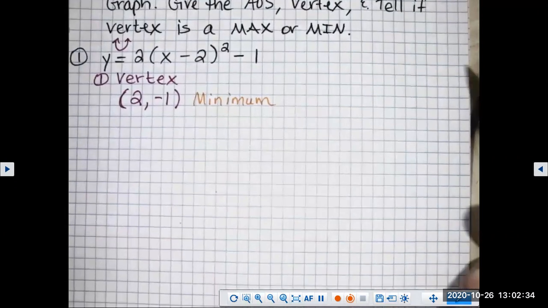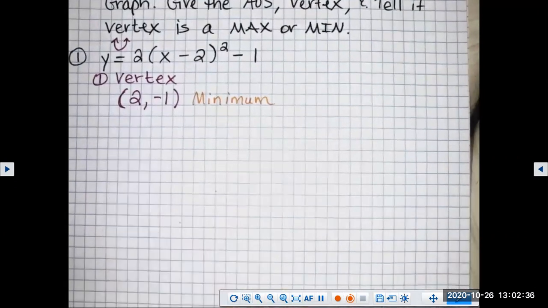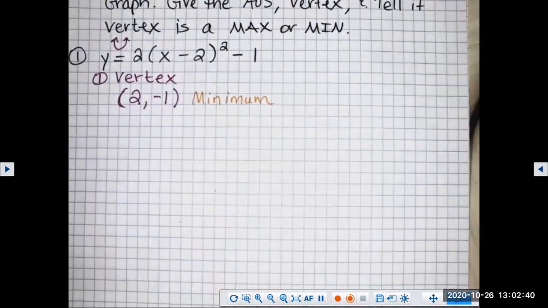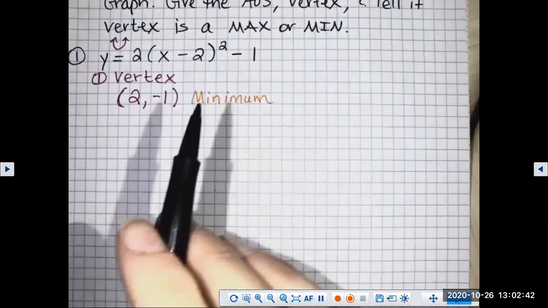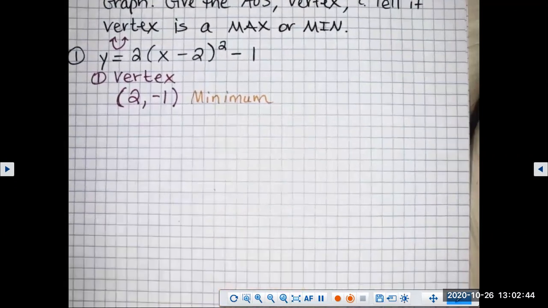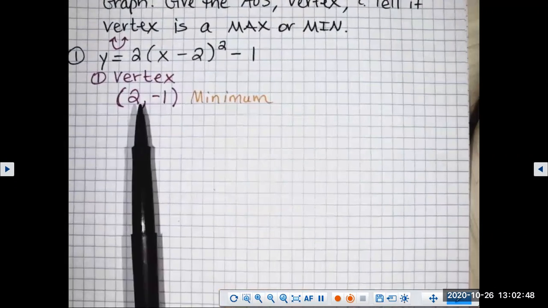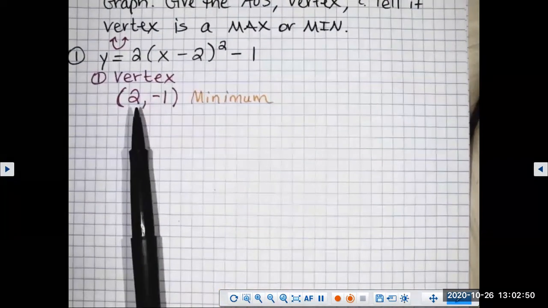All right, knowing that your vertex is at 2, negative 1, you could go ahead and sketch a graph and leave some room to the left and to the right of this vertex point to plot other points on your parabola.